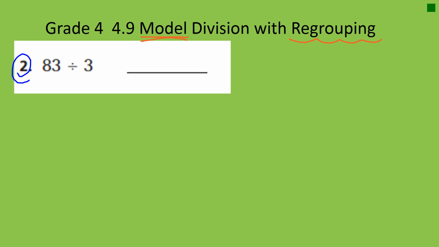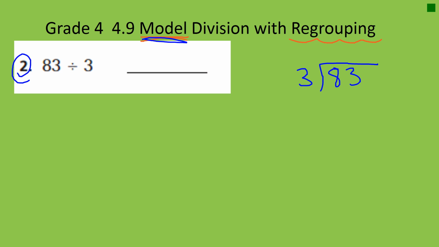All right, guys. So 83 divided by 3. We're going to model it with base 10 blocks, and we are going to record the steps. So 83 divided by 3, that's where I'm going to record the steps.